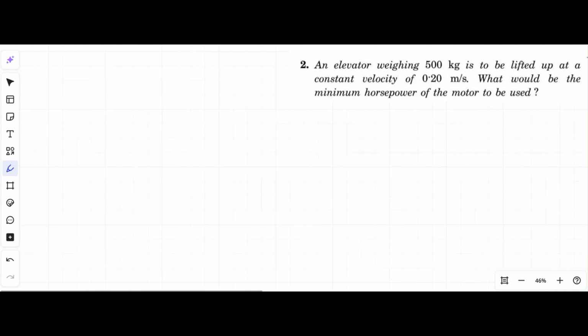Here an elevator weighing 500 kg is to be lifted up at a constant velocity. So the mass of the elevator is 500 kilogram and it is to be lifted up at a constant velocity of 0.20 meter per second.